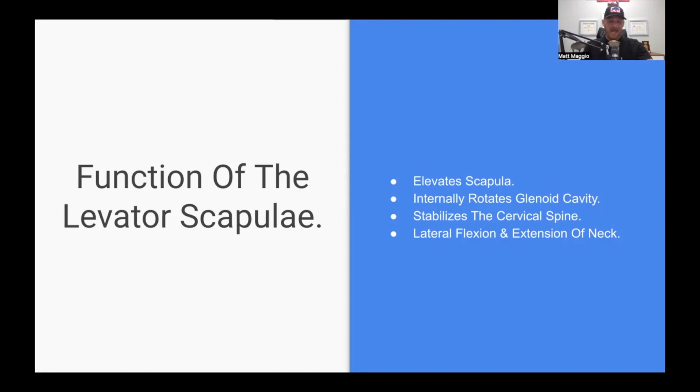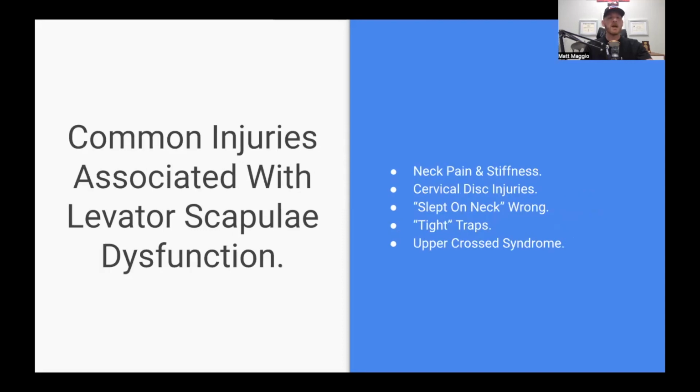So some common injuries associated with a levator scap problem. One is just going to be neck pain and stiffness. So, the levator scap does a lot of work, as I showed on that earlier slide. And when this happens, one of the areas where it really gets beat up is in that cervical spine stability. It's really not wanting to be the main one to do that, but it ends up having to do it a lot.